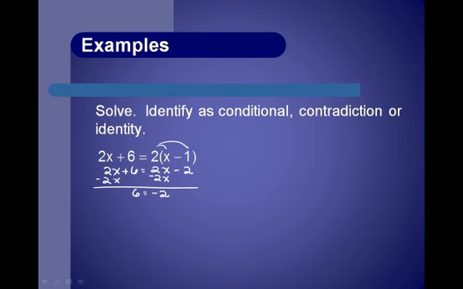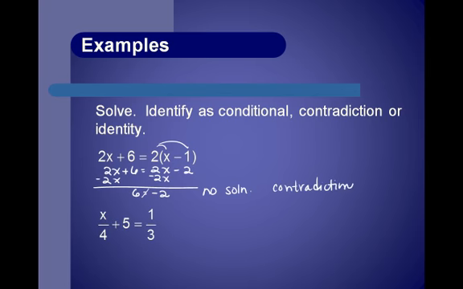You see how all the variable terms canceled? That means it's one of these special cases. Because 6 does not equal negative 2, that means it does not matter what the value of x was, these two sides are never going to be equal. Therefore, there is no solution. Remember, we call this a contradiction.